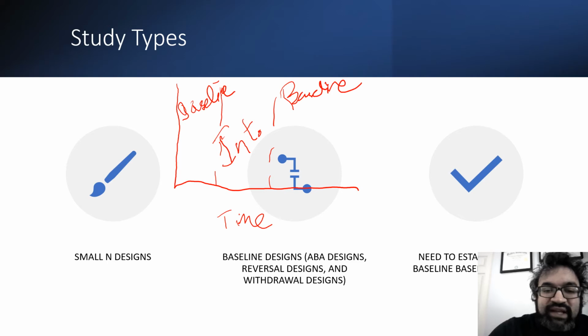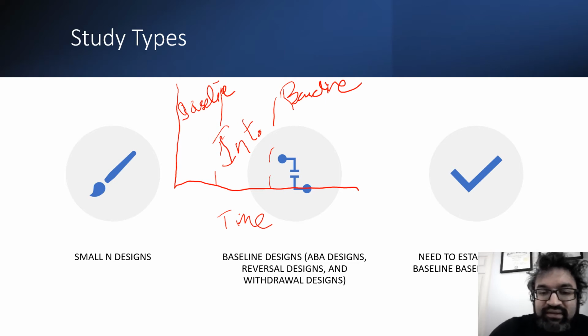So maybe what you're looking at is the rate of smoking within a community, and you have implemented a simple intervention where you're providing people with access to nicotine patches.